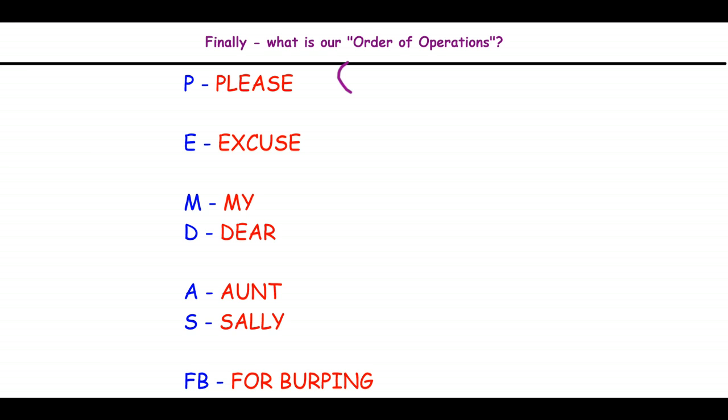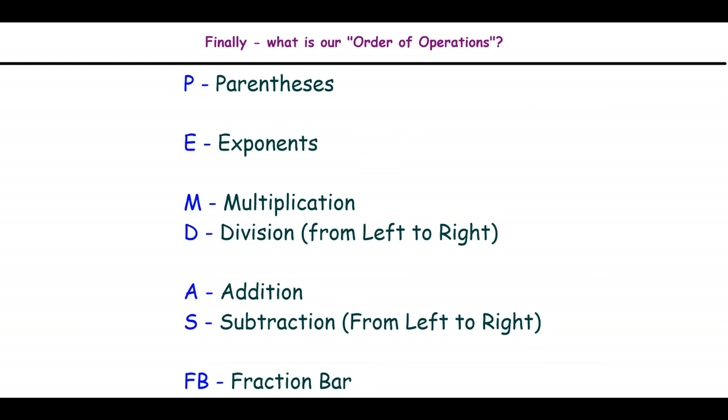And so the P stands for parentheses, the E for exponents and powers, M for multiplication, D for division, A for addition, S for subtraction, and FB for fraction bar. And we'll see what that means here in a second. So, parentheses, exponents, multiplication, division, addition, subtraction, fraction bar.